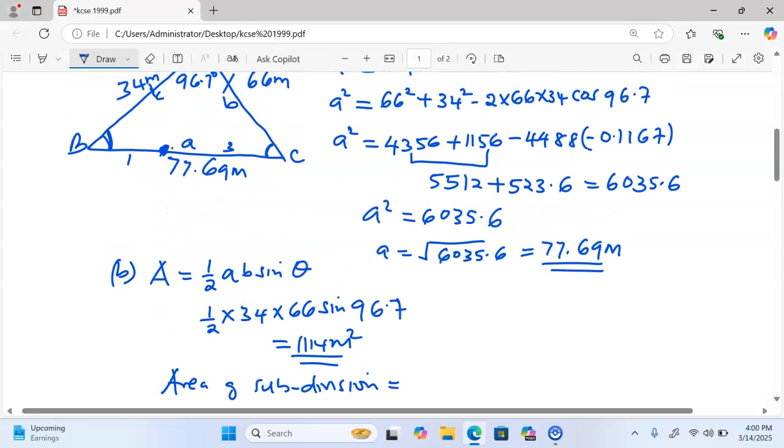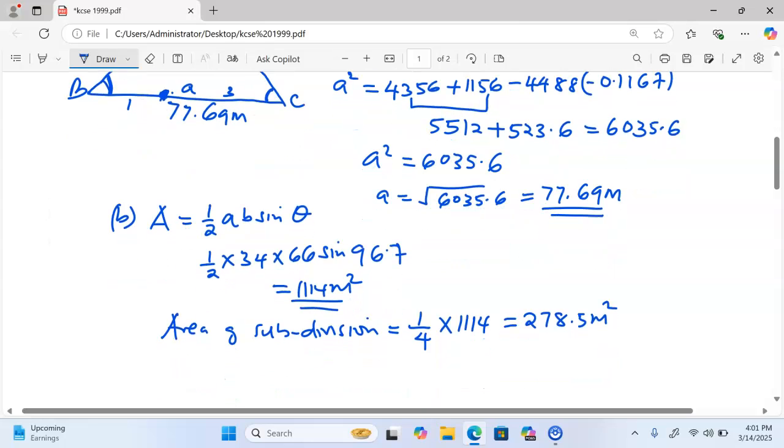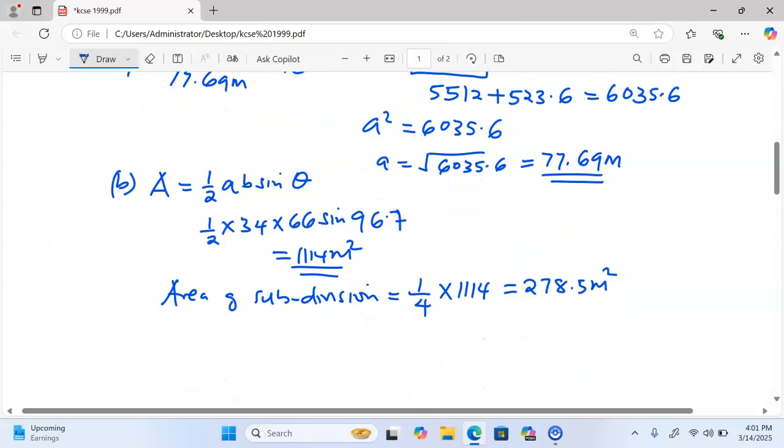So the area of the subdivision is going to be 1 out of the total of 4 times the total area of 1114, and this gives us 278.5 meters squared. By so doing, we have the area of the triangle ABC and the area of the subdivision.